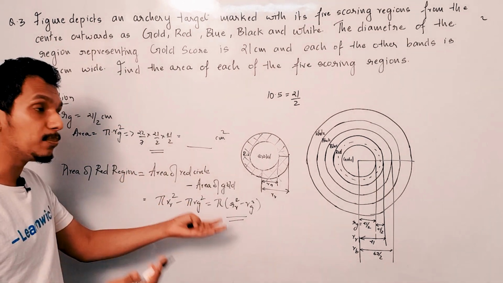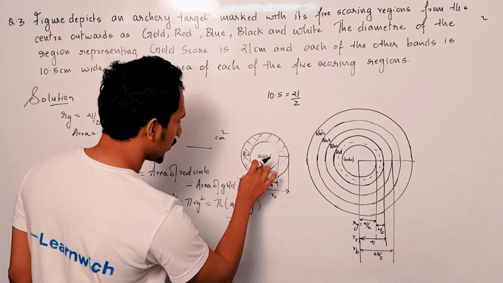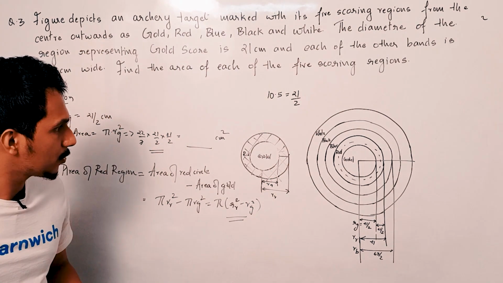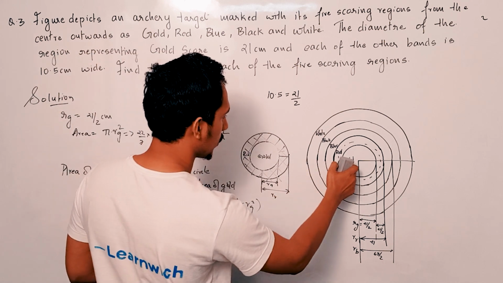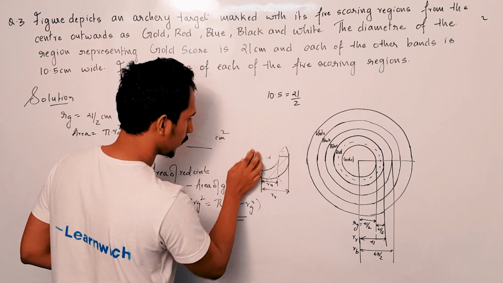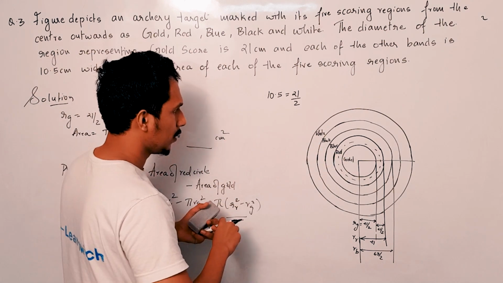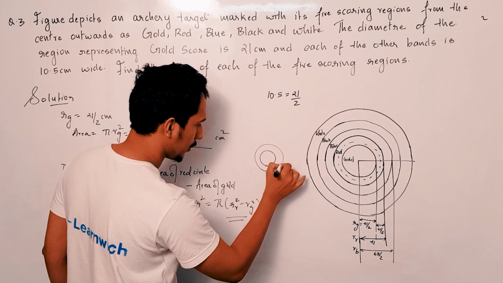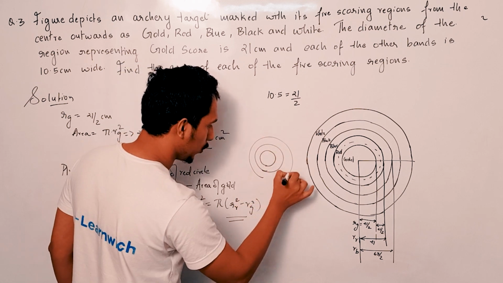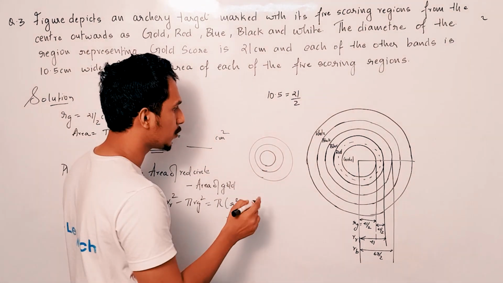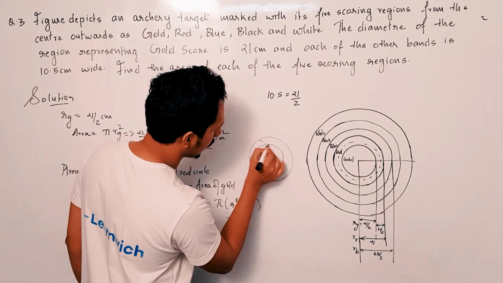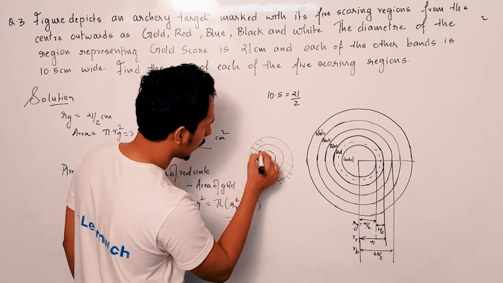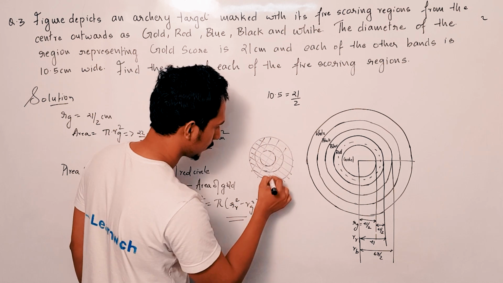Now how to find the blue region? Let's say this is gold, this is red, and now this is blue. Gold is done, red is done, now blue. When the blue has to be calculated, this total is blue. So if I find this out, that is the total area of the blue circle.